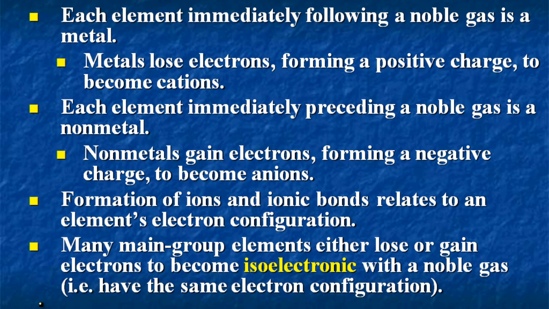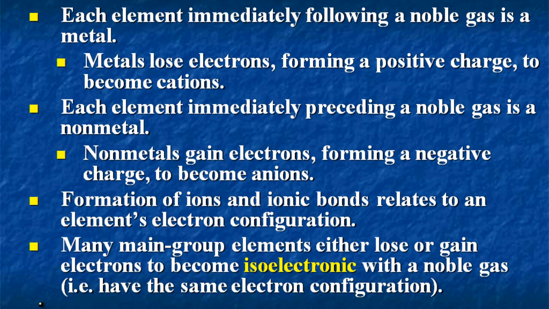Group 2 always forms 2+ ions. For magnesium, it's easy to lose 2 electrons and become like neon rather than gaining 6 more electrons to become like argon. Make sense? If you look at the periodic table, they just look for who is nearby.